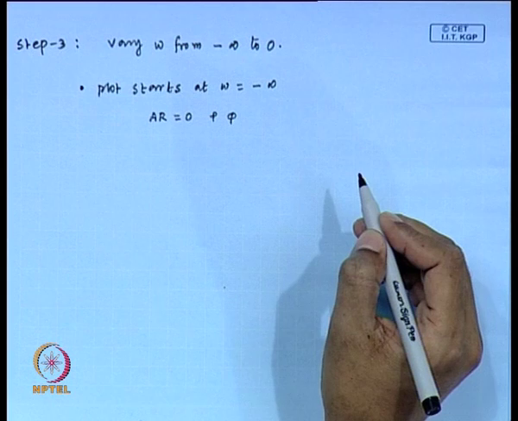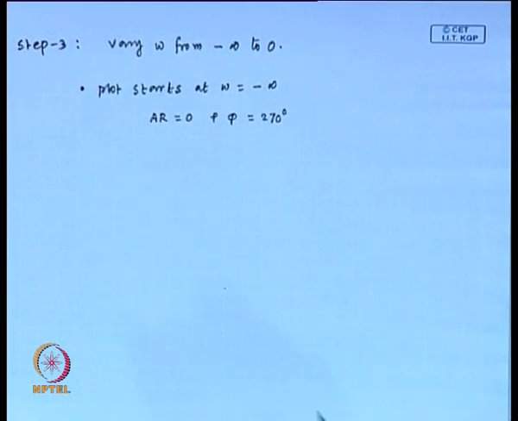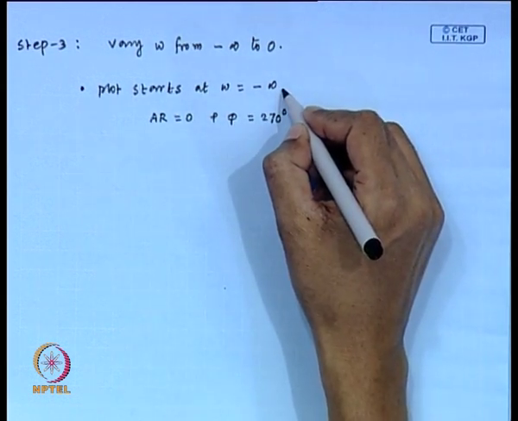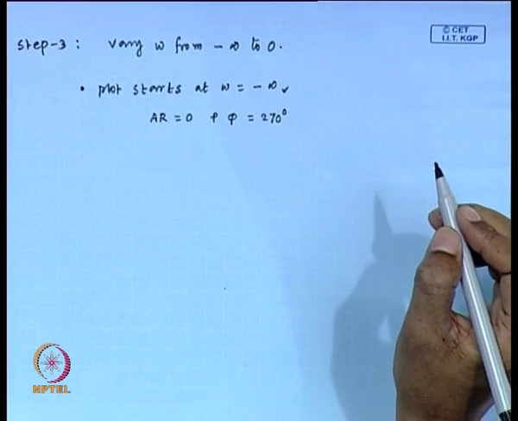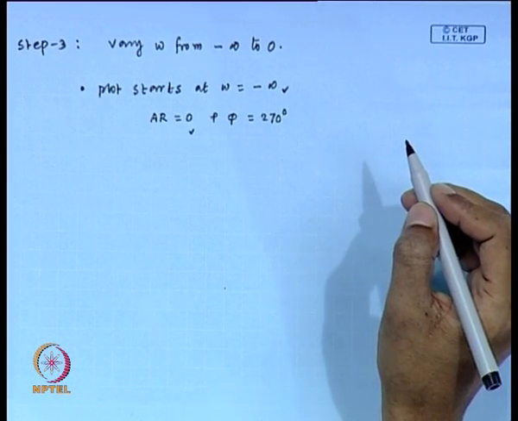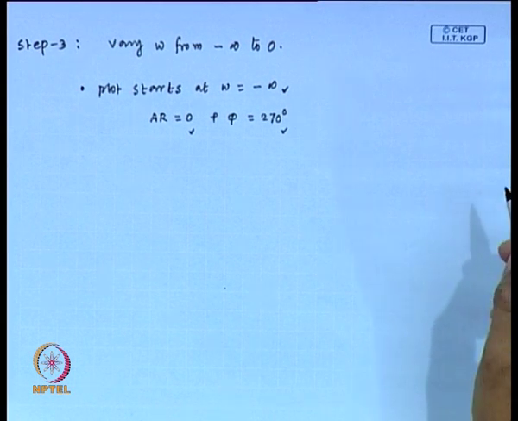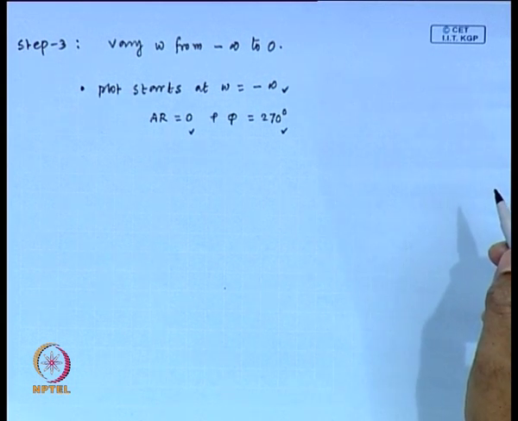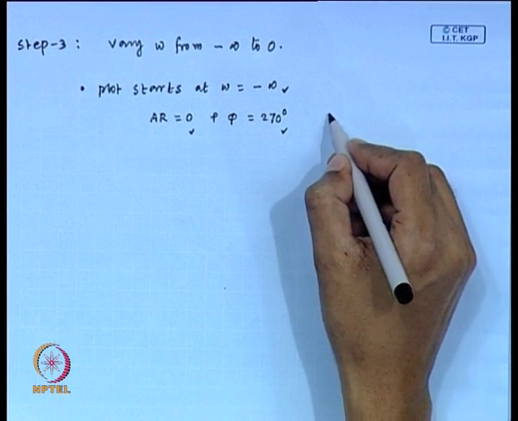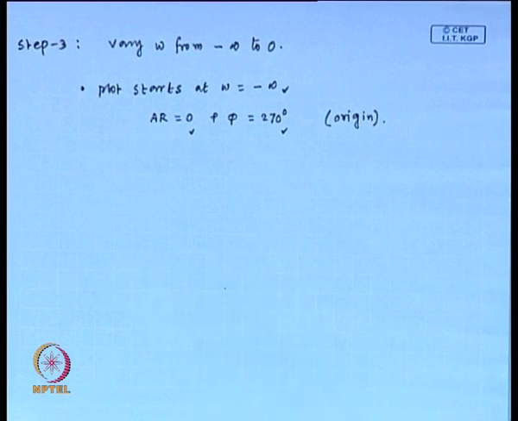What about phi? Phi is 270 degree. So, at omega equal to minus infinity, we obtain amplitude ratio as 0 and phase angle phi as plus 270 degree. What about the location of the starting point? Origin. So, the location of the starting point is origin.